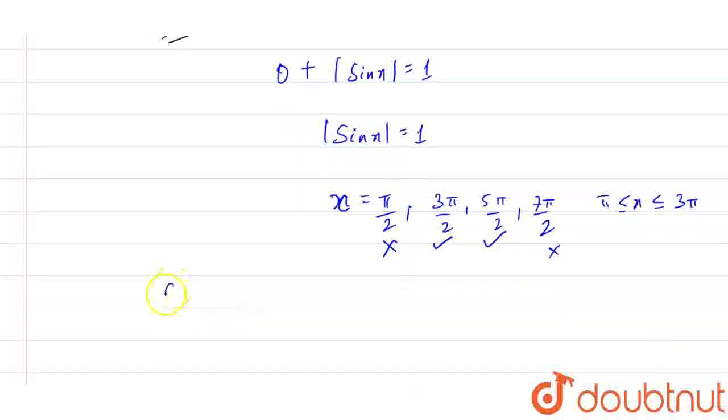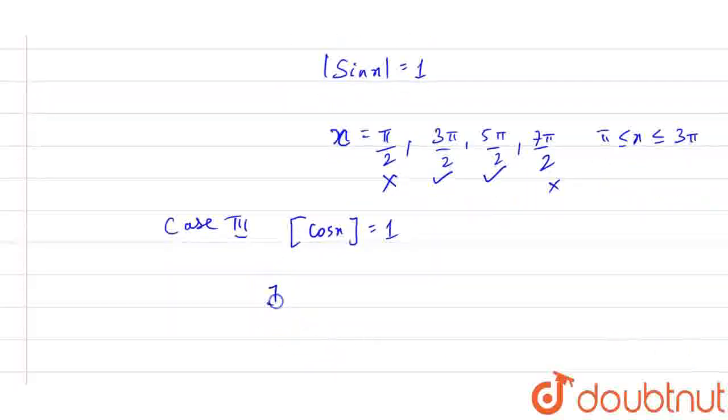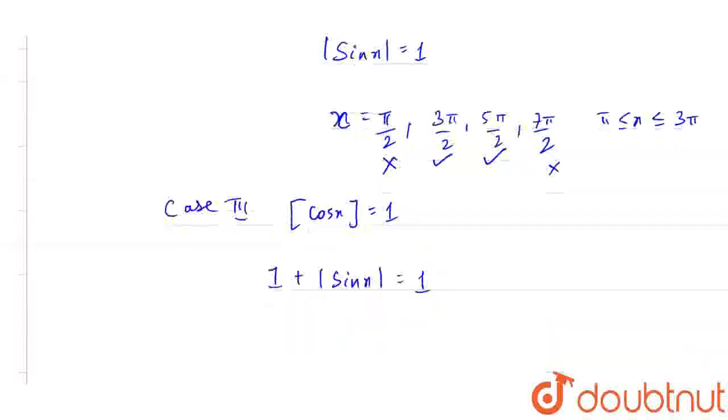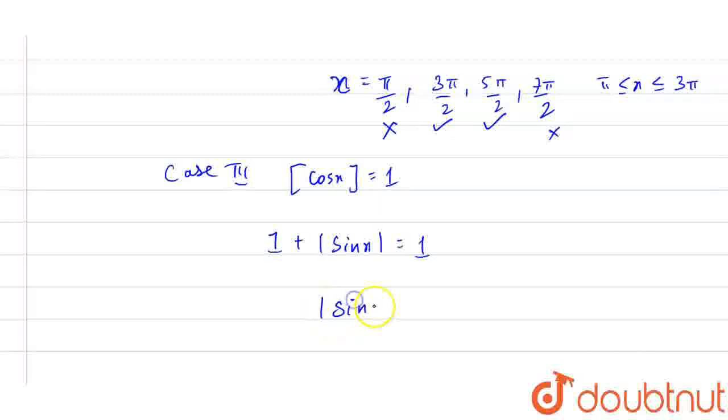Now in case 3, if we take the greatest integer function of cos x equal to 1, we get 1 plus mod sin x equals 1. So mod sin x equals 0, and sin x is 0 at x equal to 0, pi, 2 pi, 3 pi, 4 pi and so on.